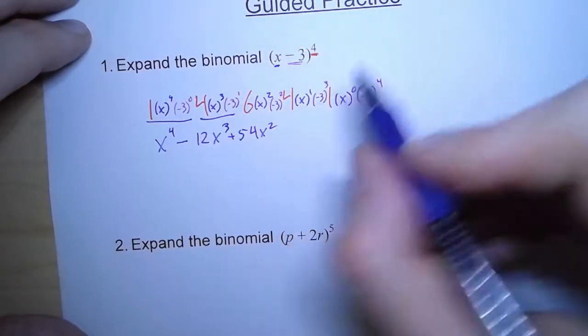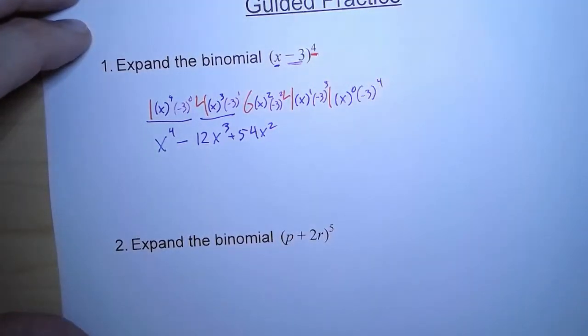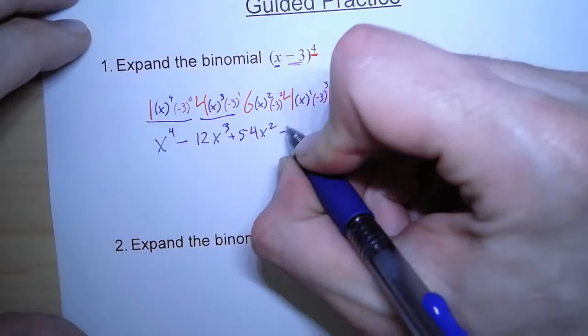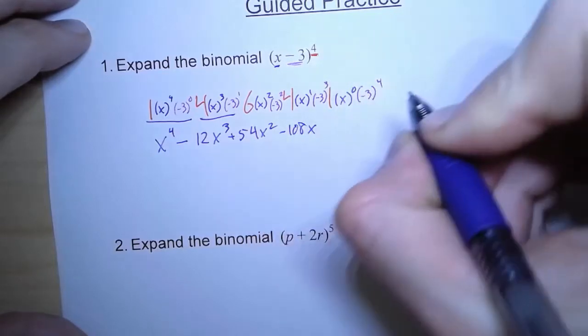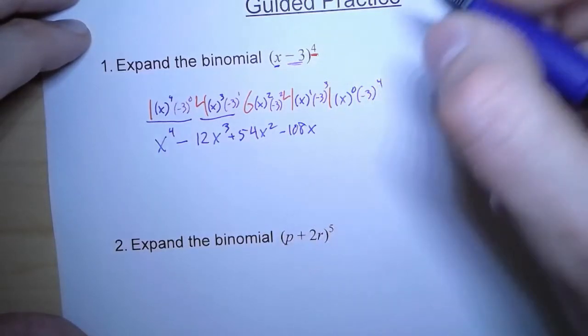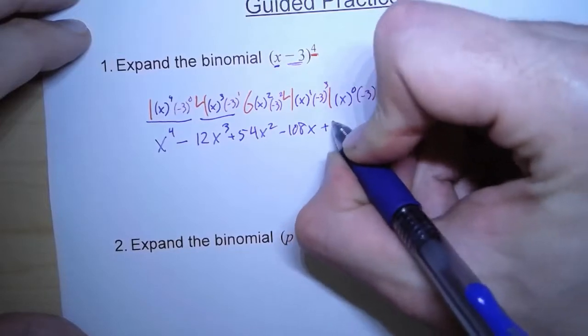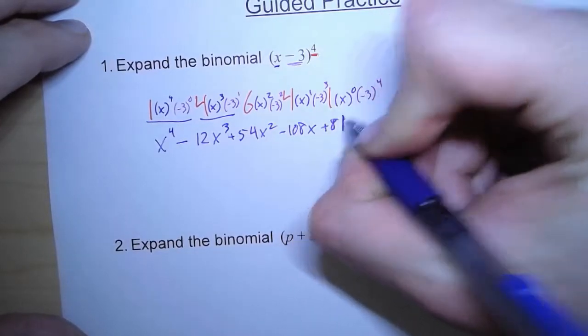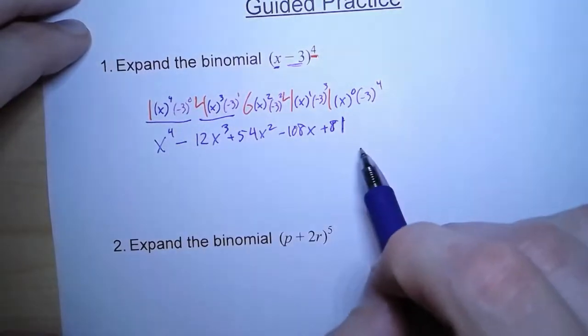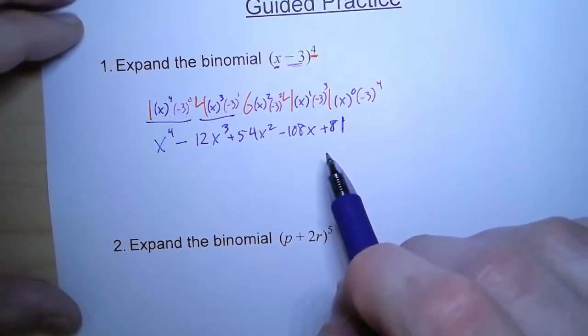Then we have 4 times -3 cubed. So that's 4 times -27, which is -108x. And then finally we have -3 to the fourth power, so that's going to be plus 81. So there is this binomial expanded out.